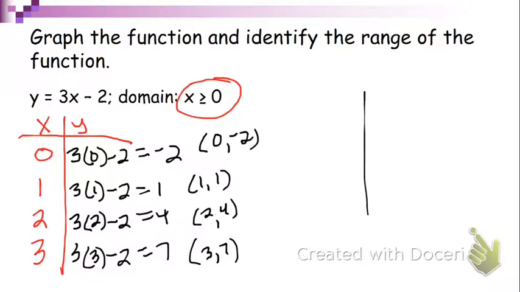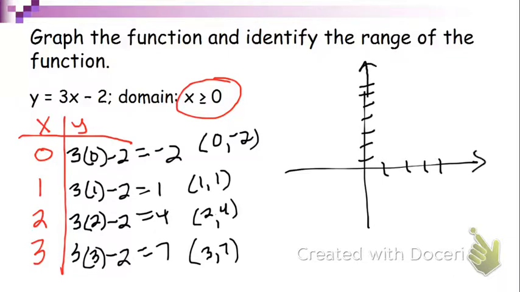So if we graph those, and again your graphs will look much nicer on your graph paper. So we have the ordered pair 0, -2, and then 1, 1, and then 2, 4, and 3, 7.